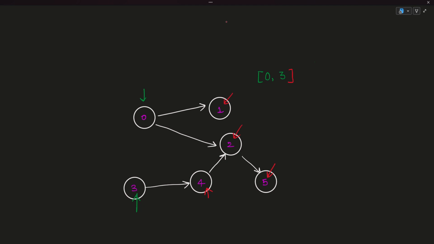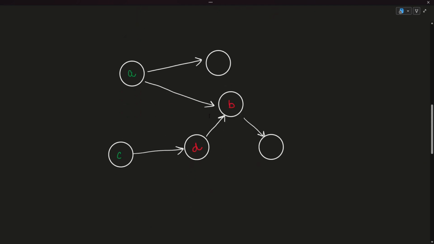Now let's try to build an intuition for how we can arrive at this approach, okay. So let's see another example to check that we are going in the right direction. In this example, the question is, do I need to add the B vertex into my final set or not?